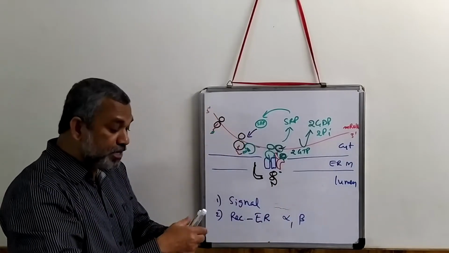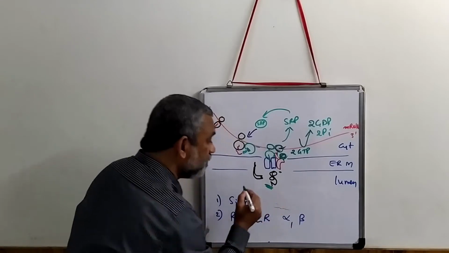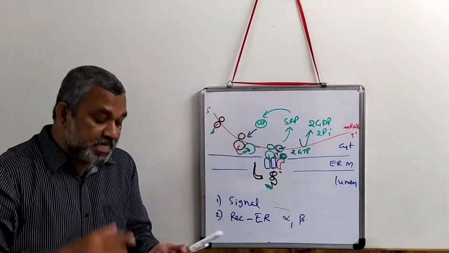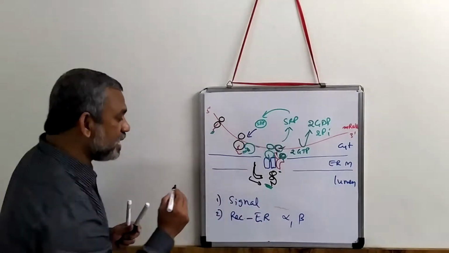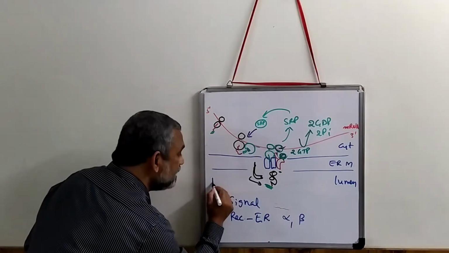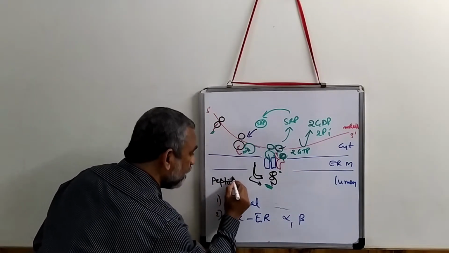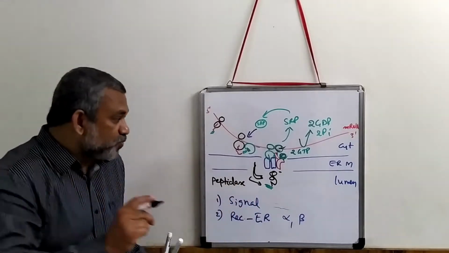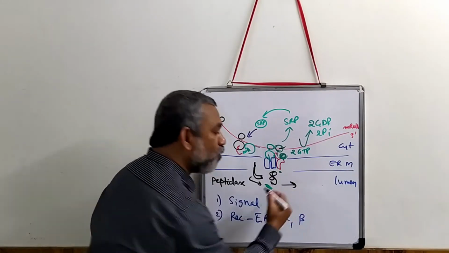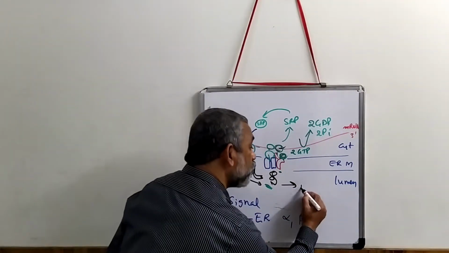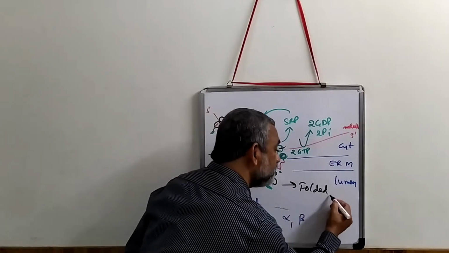Now the translocated protein will have its signal. This signal is cleaved by a protein, and that protein is signal peptidase. Signal peptidase will cleave and remove the signal, and now this protein can be properly folded.